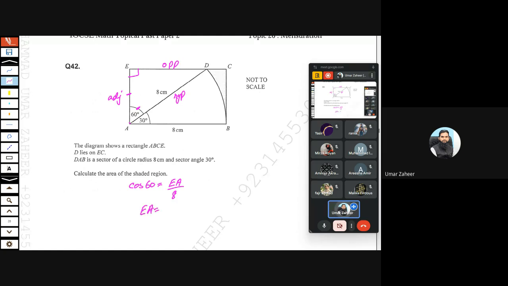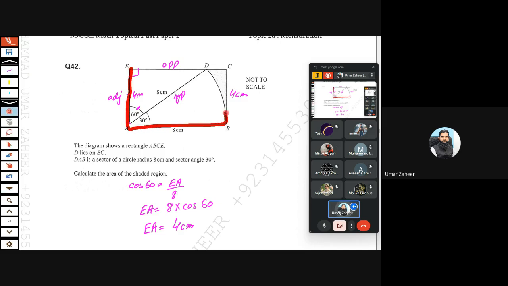So EA will be equal to 8 multiplied by cos of 60. That will be equal to 4 centimeter.